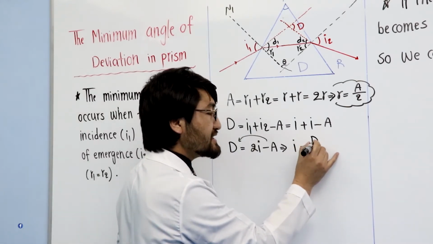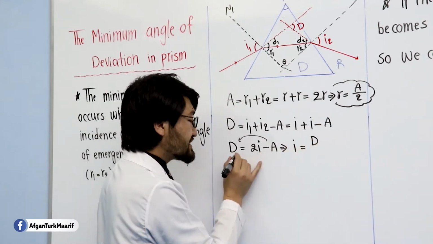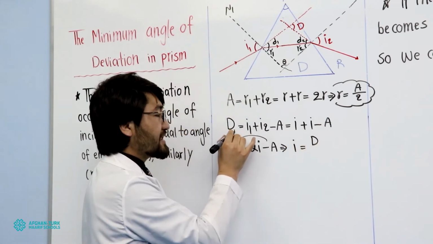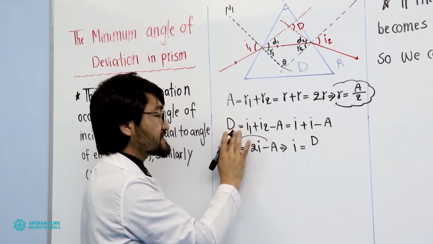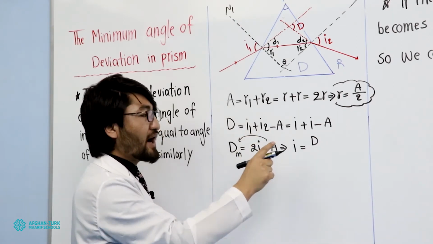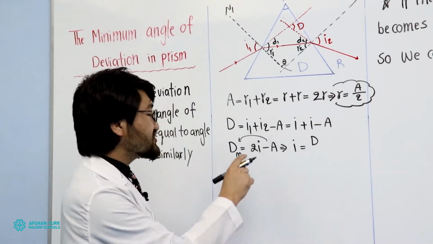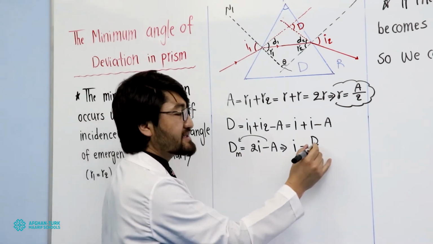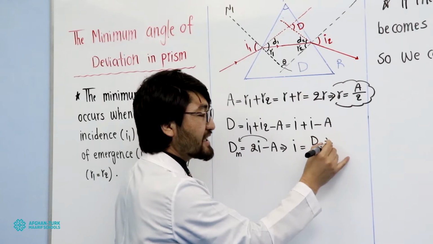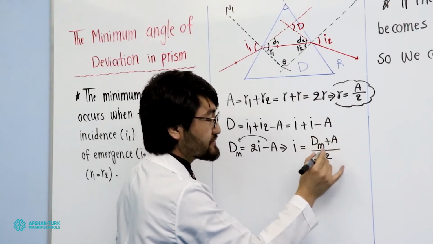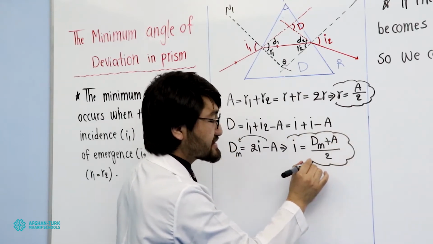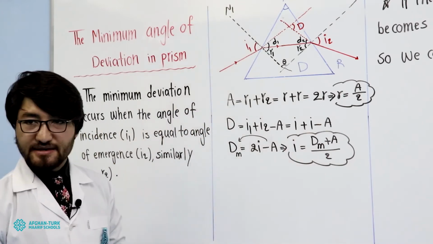I is equal to D, which becomes Dm, because I1 is equal to I2. D changed to Dm. So I is equal to (Dm plus A) over 2. This is the angle of incidence.